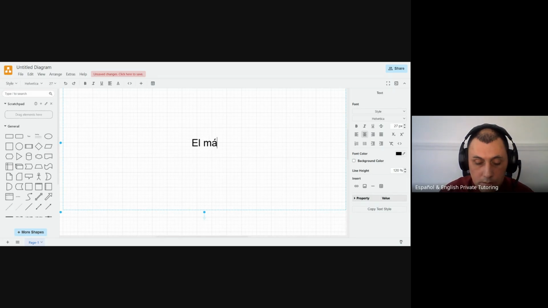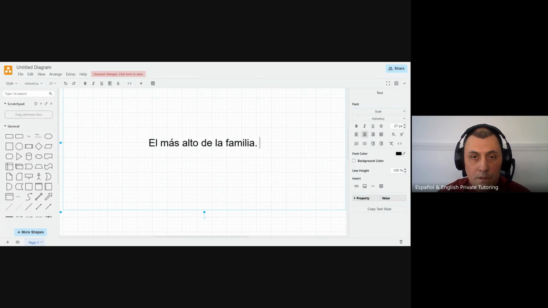El más alto de la familia. The tallest in the family. Okay. But in English, you can also say here, Carla is the tallest in the family. You don't say just the tallest in the family. You say Carla is the tallest in the family.